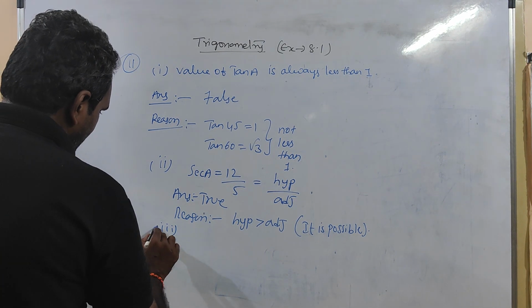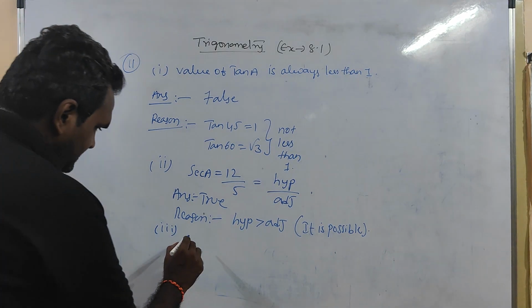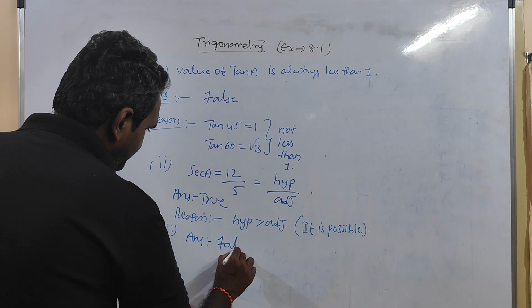And regarding third one, cos A is the abbreviation used for the cosecant of angle A. Answer is false.